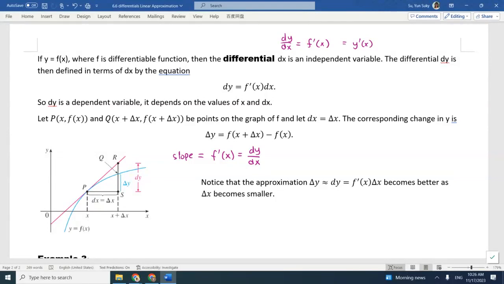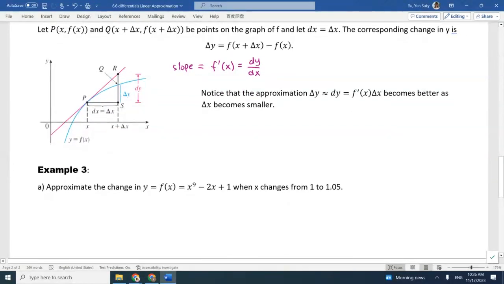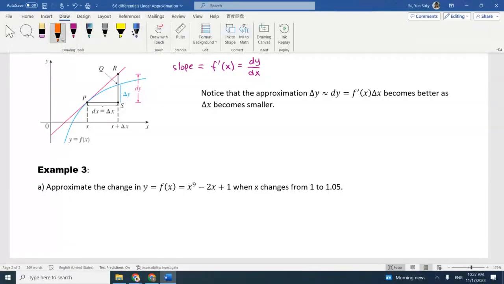So that is differential. How do we solve problems? Here, approximate the change in the y, which is x to the 9th minus 2x plus 1, when x changes from 1 to 1.05. So it changed from 1 to 1.05.